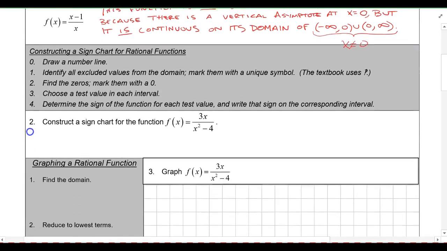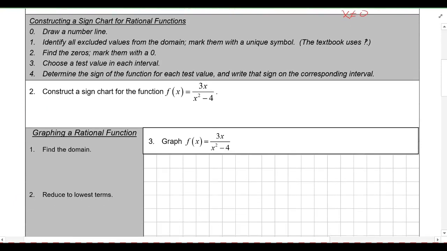So big idea here for graphing rational functions is we need to be able to construct a sign chart for rational functions. And you can go ahead and read through the steps here, but notice that I have step 0 as draw a number line. So we're always going to start there anytime we're drawing a sign chart. So I've got this function right here, f of x equals 3x over the quantity x squared minus 4.